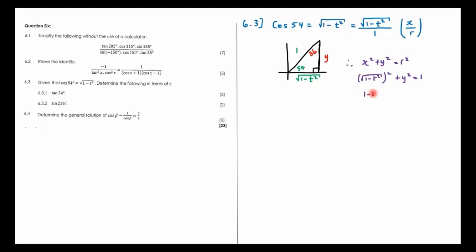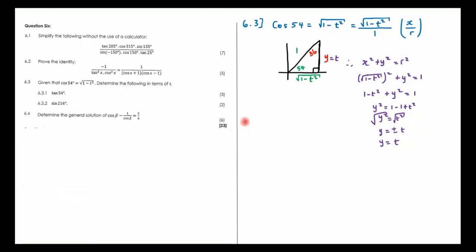So this is 1 minus t squared plus y squared equals 1. Take this across, and then y squared equals 1 minus 1 plus t squared. Y squared becomes t squared. Put the square root. Because if I'm putting a square root, my answer is going to be plus or minus t, but I want the one that is positive, so it's going to be t, because this is above the x-axis. So I know that here I have t.